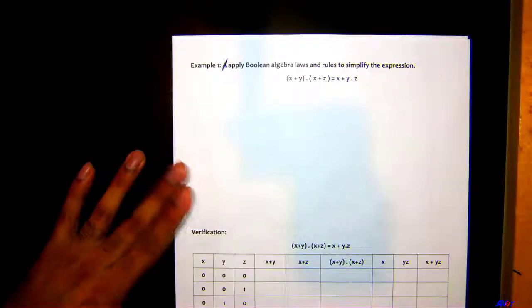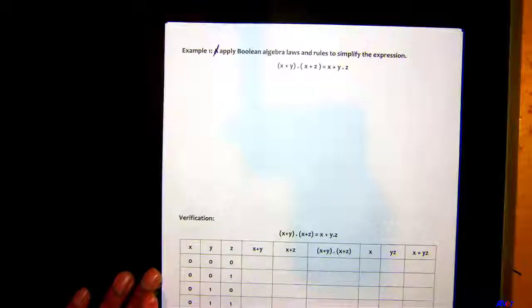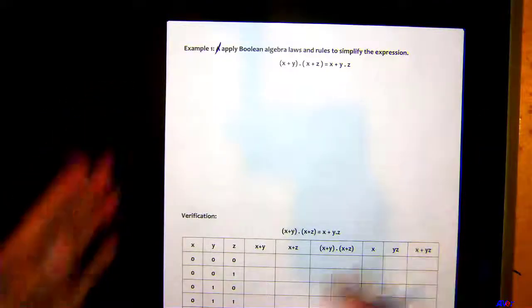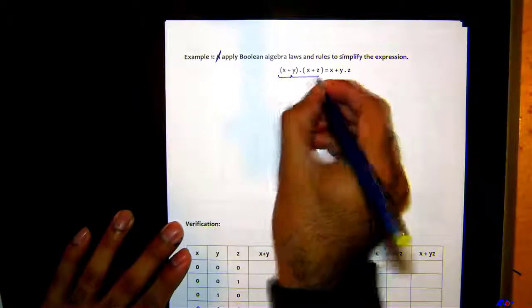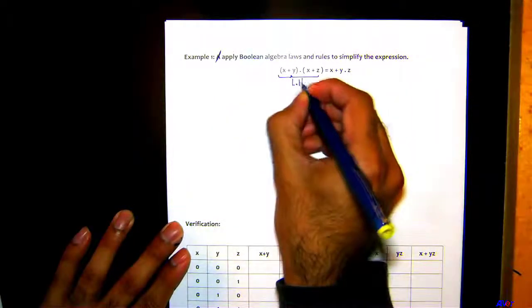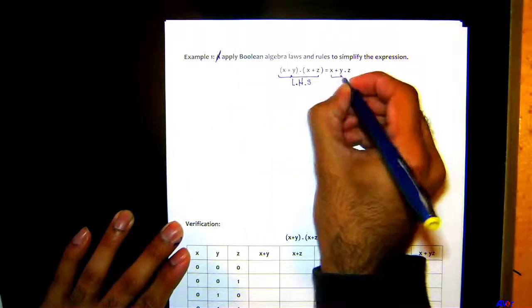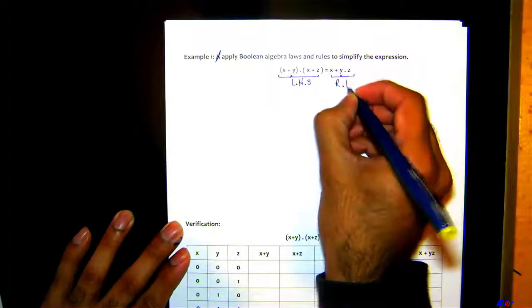Apply Boolean algebra laws and rules to simplify the expression. So we have our left hand side here, and this is our right hand side.